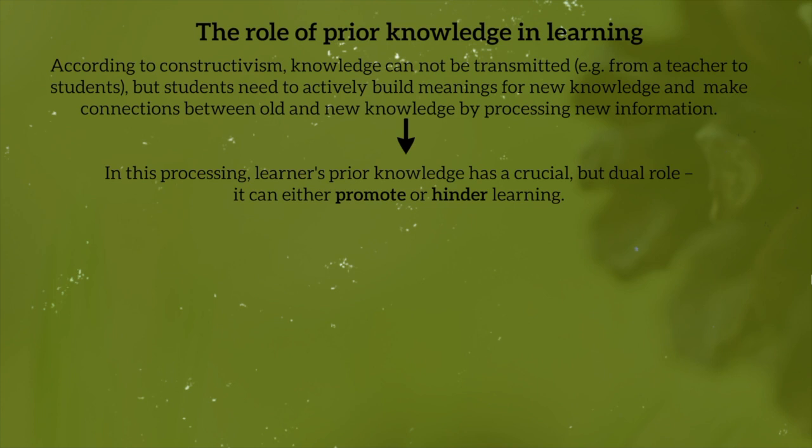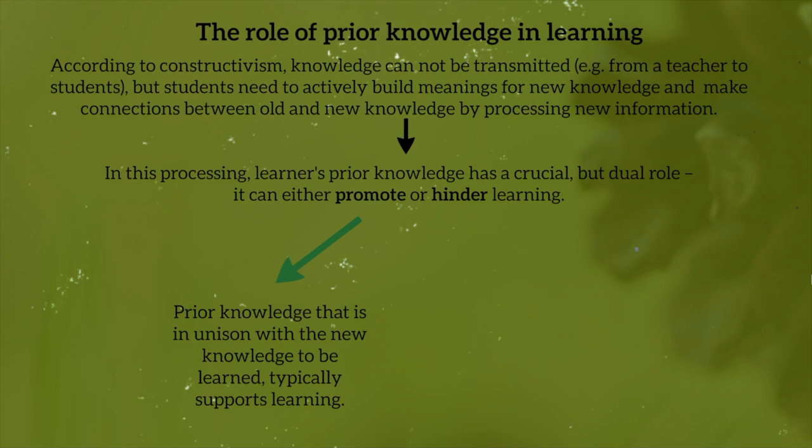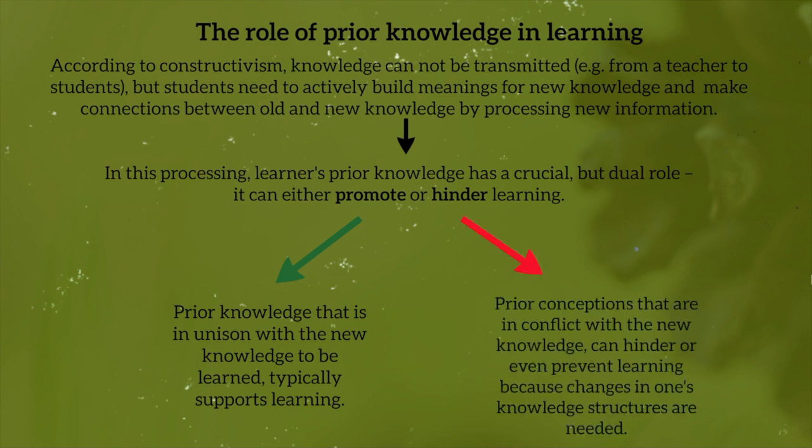Okay, let's continue. In processing new information, prior knowledge has a crucial but dual role. It can either promote or hinder learning. Prior knowledge that is in unison with the new knowledge to be learned typically supports learning, whereas prior conceptions that are in conflict with the new knowledge can hinder or even prevent learning, because changes in one's knowledge structures, meaning conceptual change, are needed.